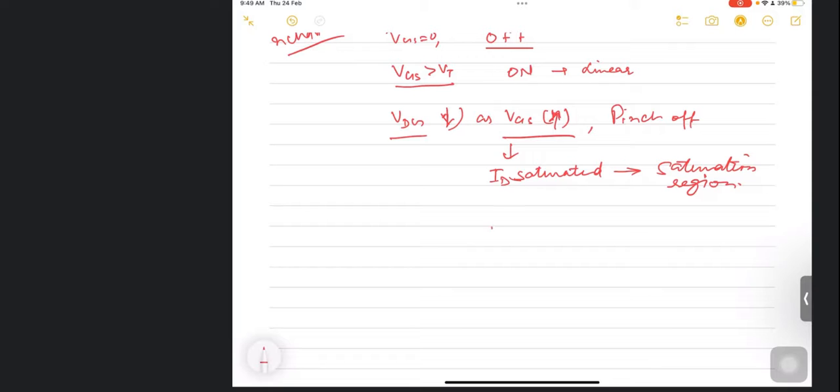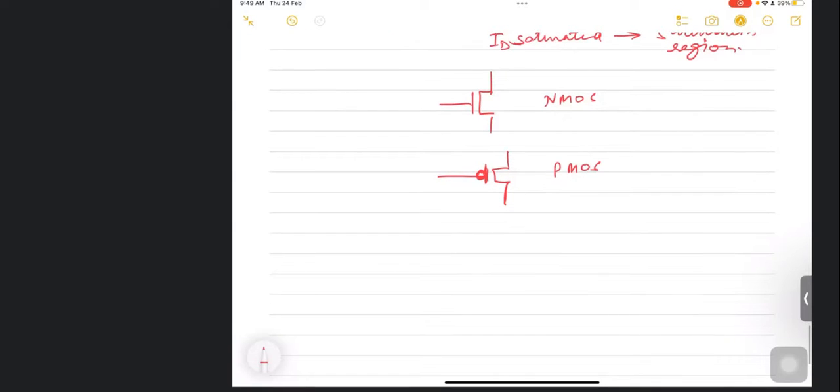Okay, so the symbol of the NMOS and PMOS can be like this also. If we make a bubble, then this becomes PMOS, right? This is drain, this is source, this is gate.